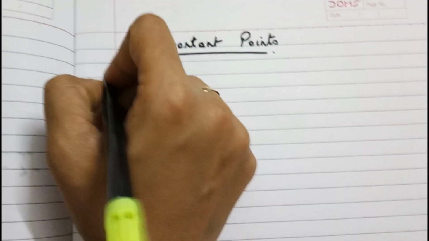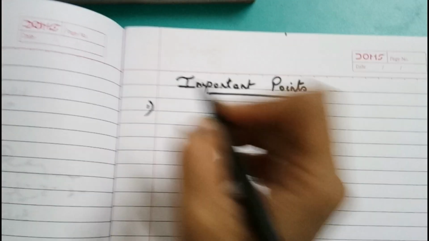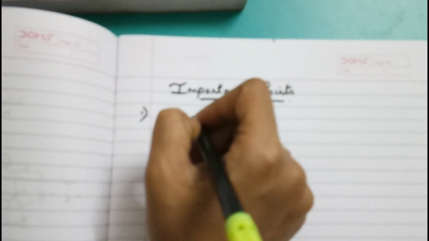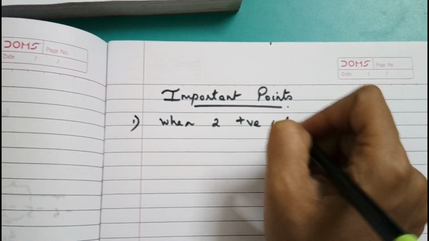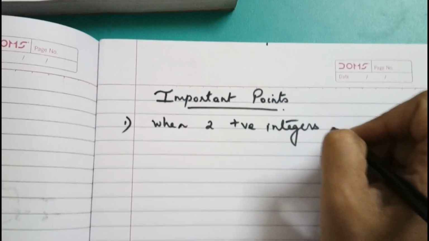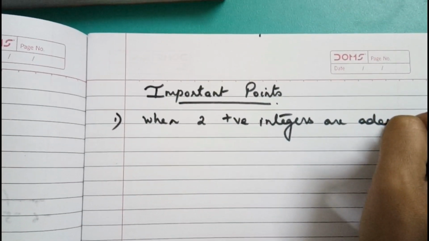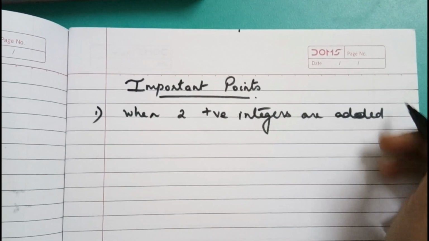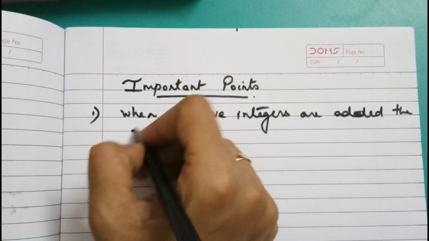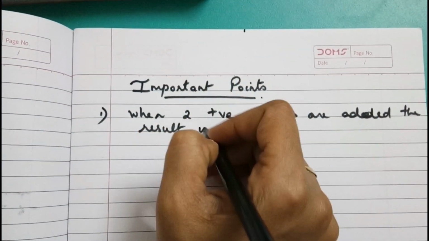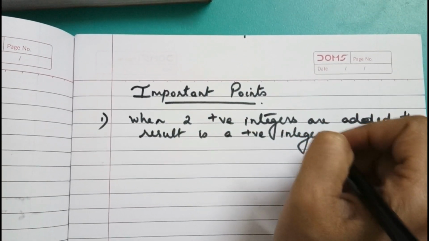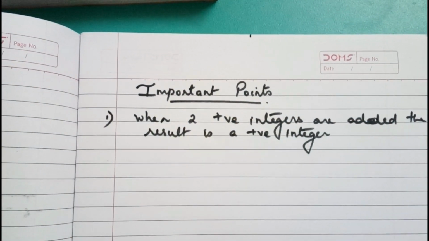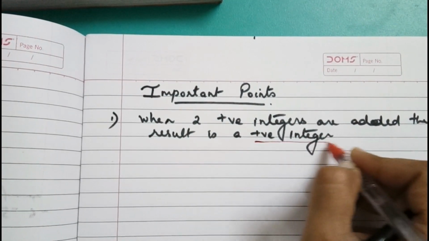The first and the most important point is, when two positive integers are added, the result is a positive integer. Guys, this is really very important.